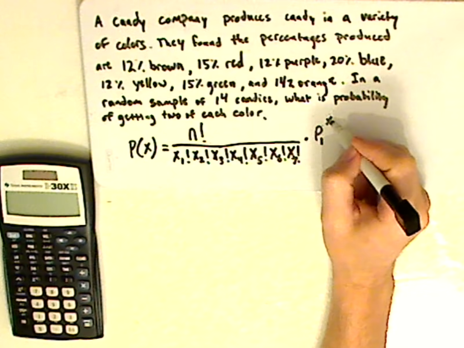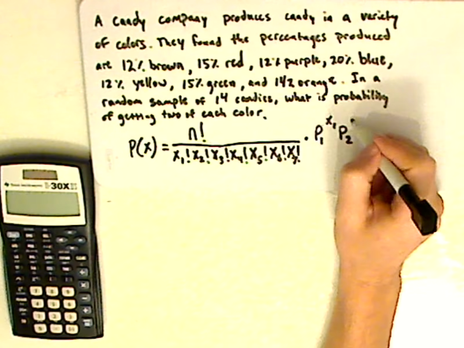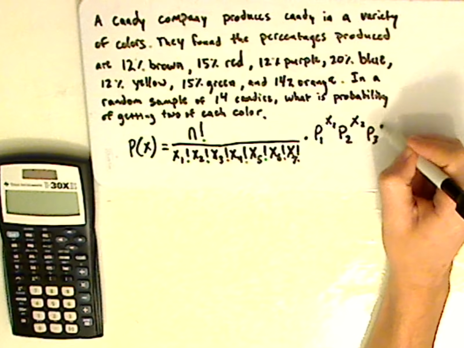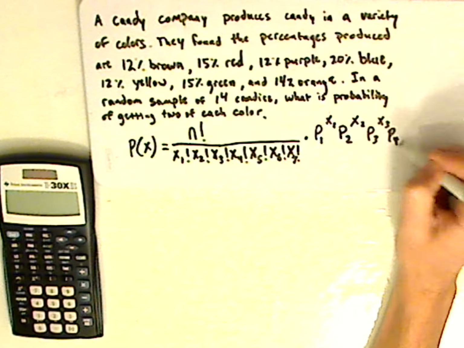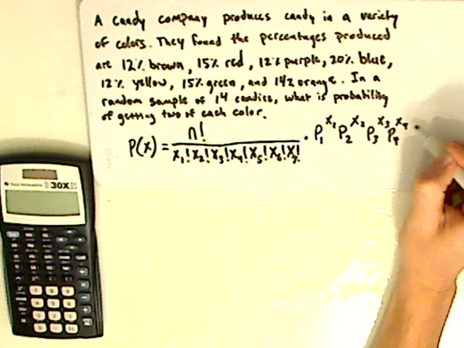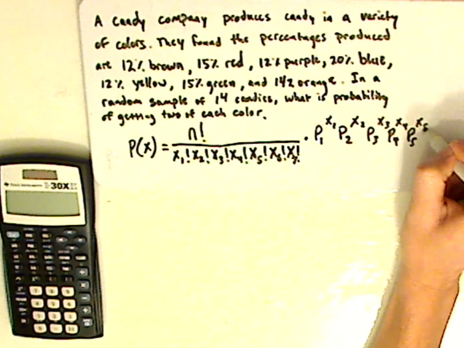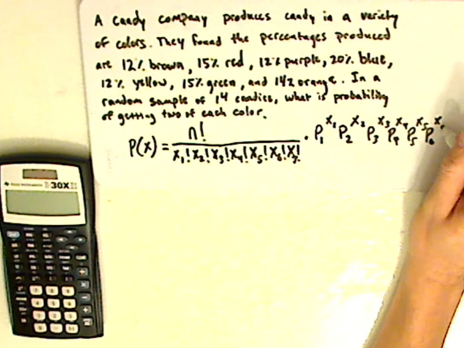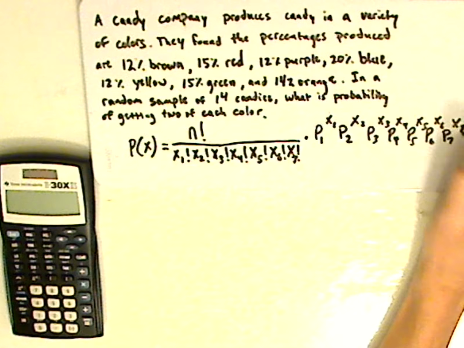So P1 raised to the x1, P2 raised to the x2, P3 raised to the x3, P4 raised to the x4, P5 raised to the x5, P6 raised to the x6, P7 raised to the x7.